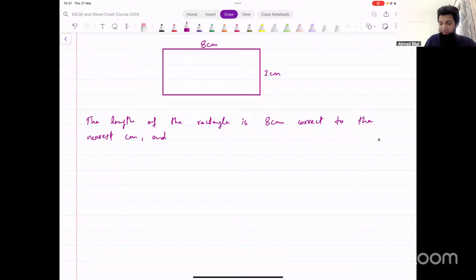And the width of the rectangle is 3 centimeters. Again, you're using the same measuring tool for this as well. So the width is 3 centimeters correct to the nearest centimeter as well.